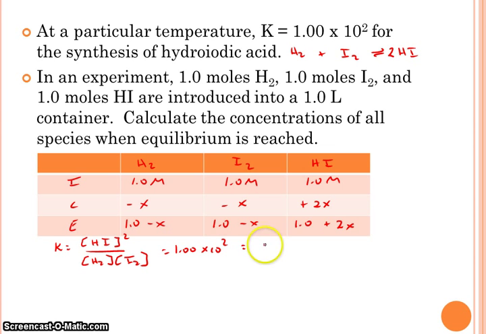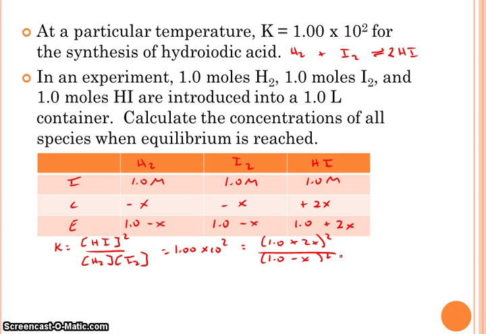For our hydroiodic acid, we're going to plug in 1.0 plus 2X, which has to be squared. And for our hydrogen and our iodine, we're going to plug in 1.0 minus X for each of them. So to shorthand that, we're going to write 1.0 minus X squared.